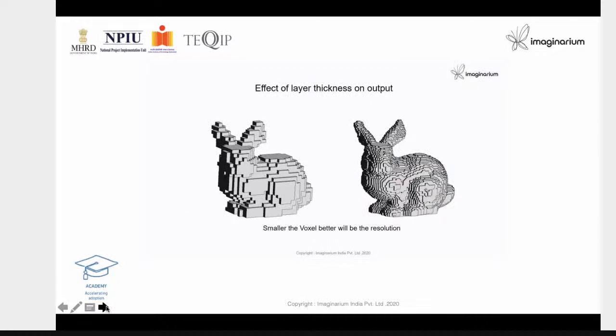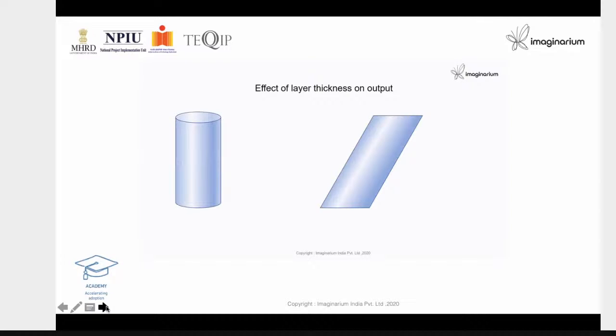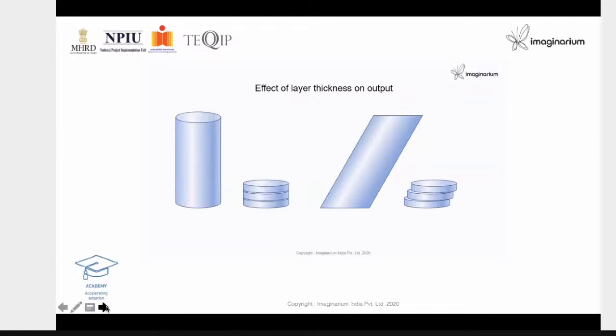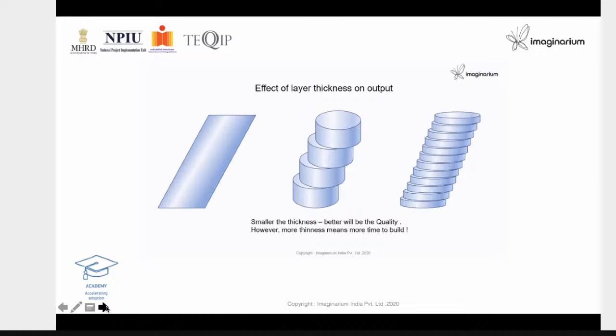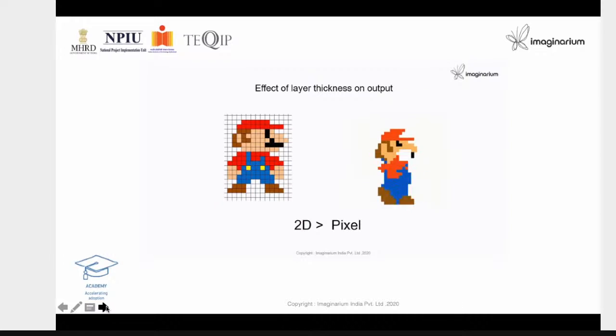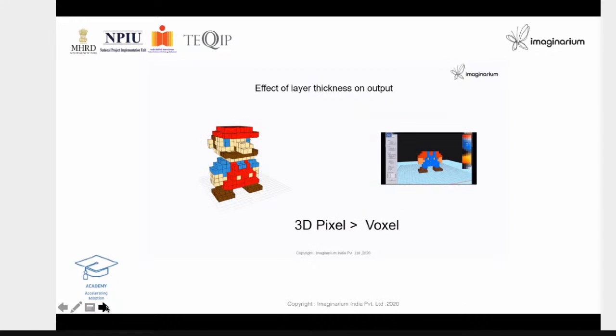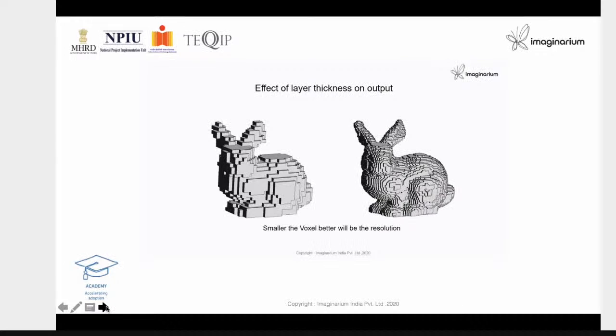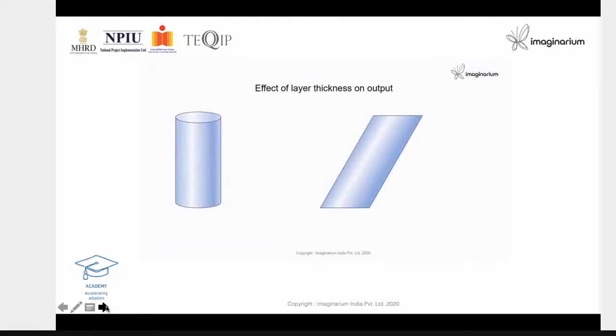How big the 3D pixel is determines the accuracy, or the resolution, of the part you build. As we are talking, you can see the staircase effect, how it is building up, and how the thickness matters. This is the 2D pixel, and then you can see the 3D pixel. This is the 3D pixel, what you see here, and you can see how resolution can actually contribute.